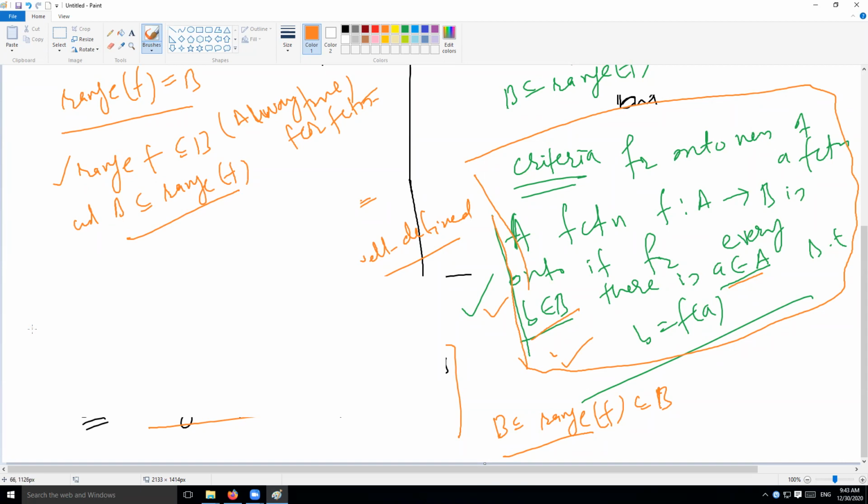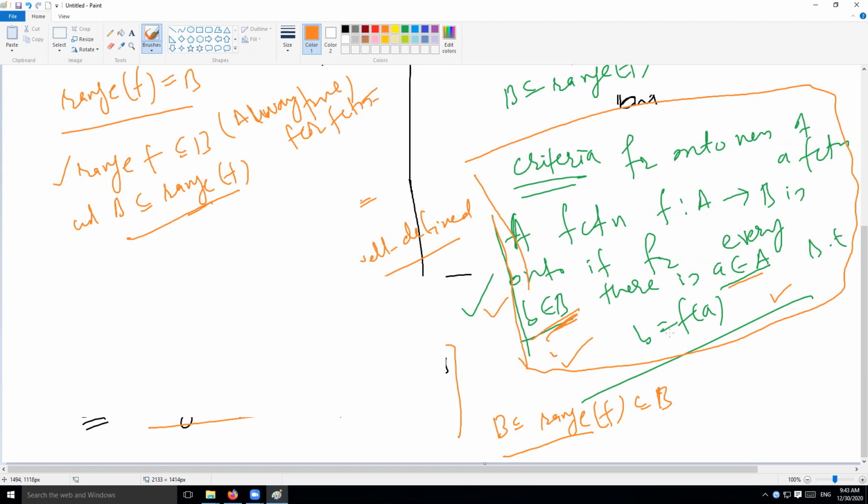Make yourself comfortable that if I can prove that every B is equal to some f of A, and f of A is an element of the range, then this criterion really verifies that B is a subset of range of f, and hence range of f is equal to B. Why?